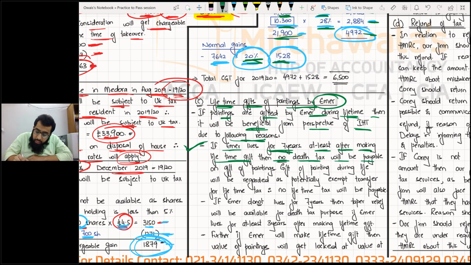A gift of painting during life will be regarded as a potentially exempt transfer, therefore no lifetime tax. And even if she does not live for 7 years, then taper relief will be available if Emma lives for at least 3 years.